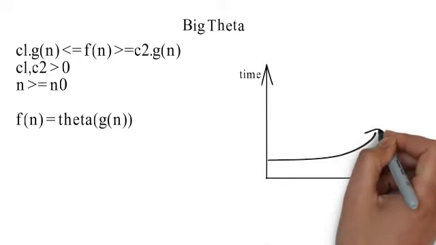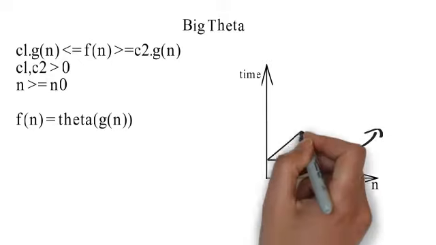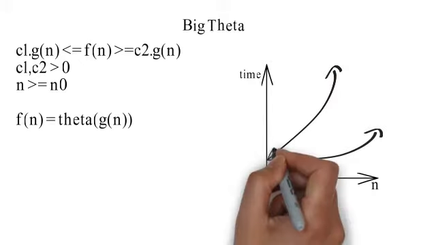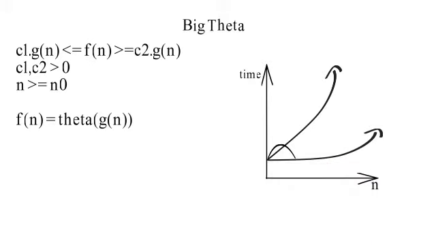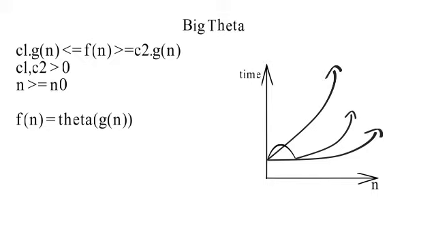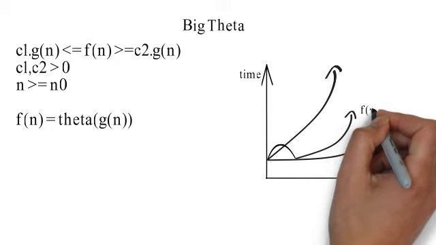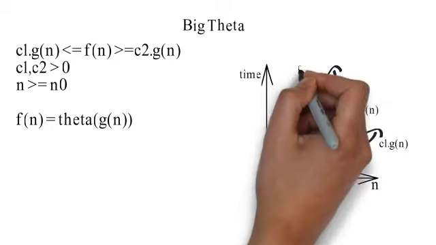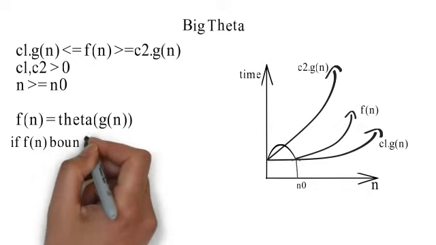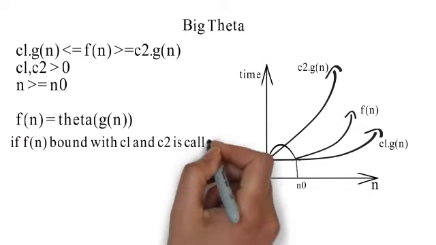There are 3 lines: c1·g(n), f(n) and c2·g(n). The f(n) starts from the same point as c1 and c2. For some time it is higher than both of them, and after that it stays between c1·g(n) and c2·g(n). There is an n naught initial point. If f(n) is bound by c1 and c2, it is called theta.